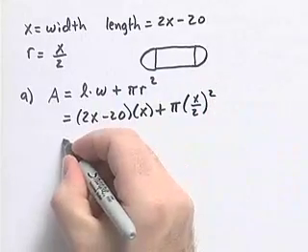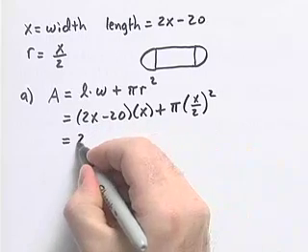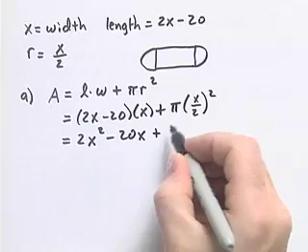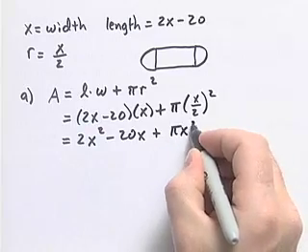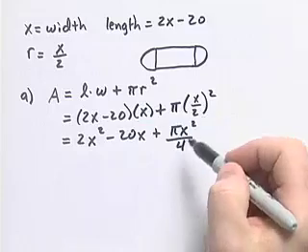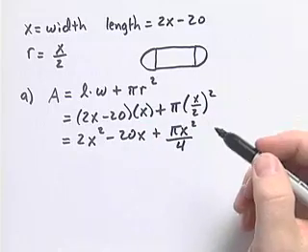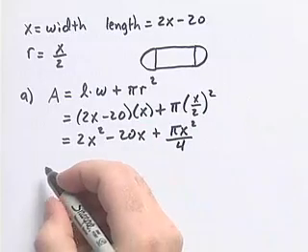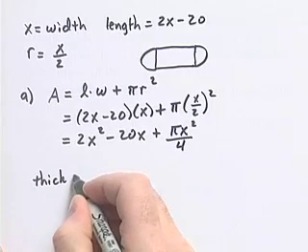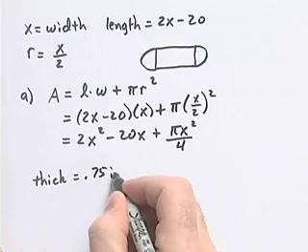We want to clean this up a little bit. So we'll have 2x squared minus 20x plus pi x squared over 4. And so we have this expression for the surface area in terms of x, but we want the volume. And we know that the thickness of the ice is 0.75 inches.